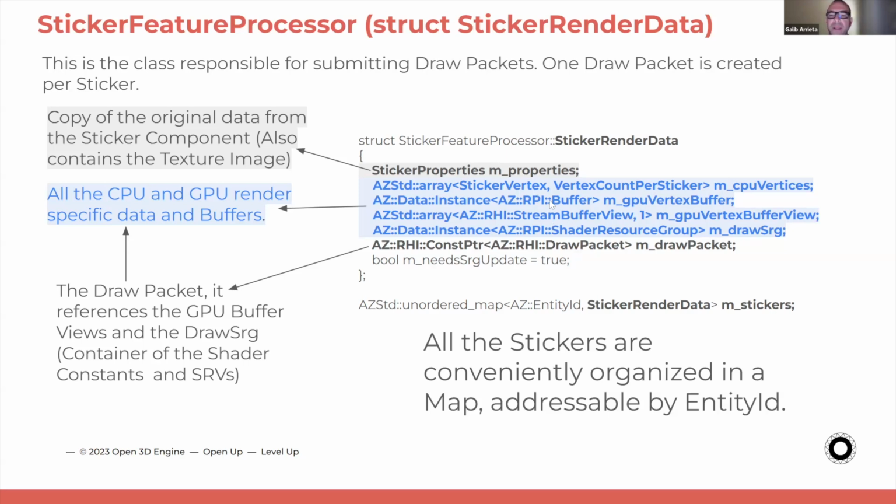All of these data get created every time you add a new sticker. And of course, the sticker feature processor keeps a map where by entity ID, it keeps a sticker render data.